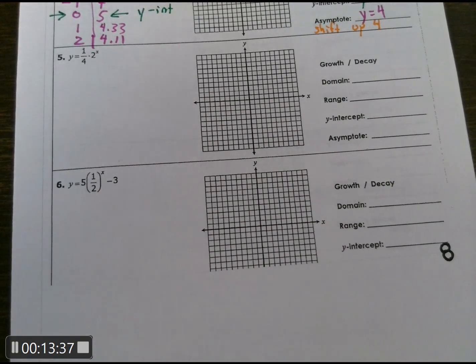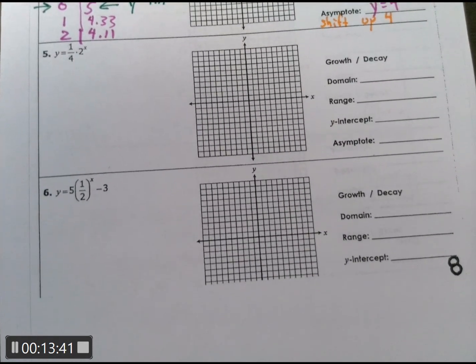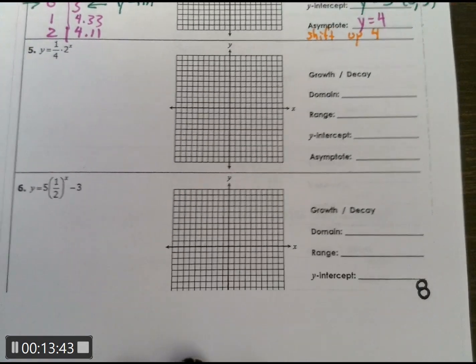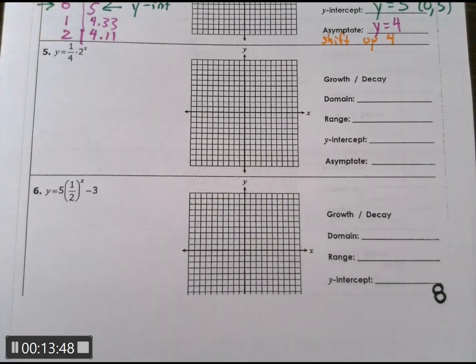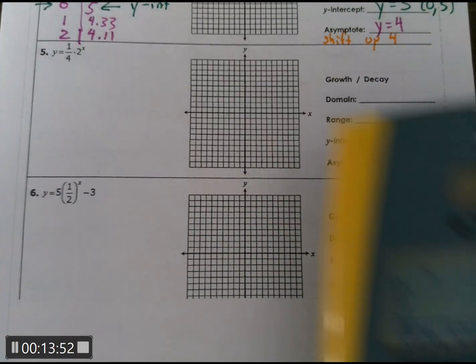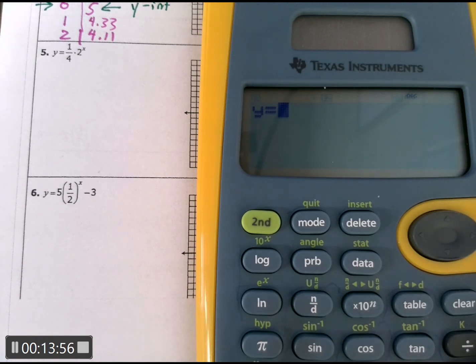Alrighty. Okay, so now we're moving on to number 5. Okay, so once again, we type it into our calculator.